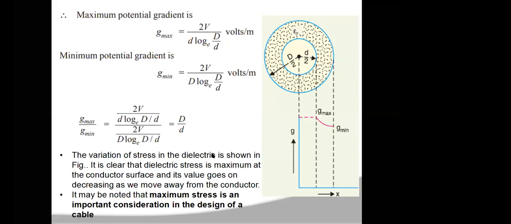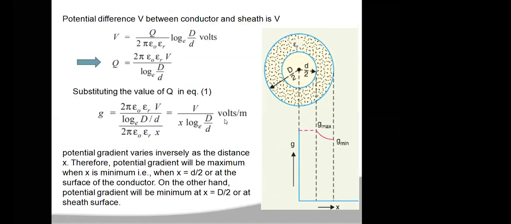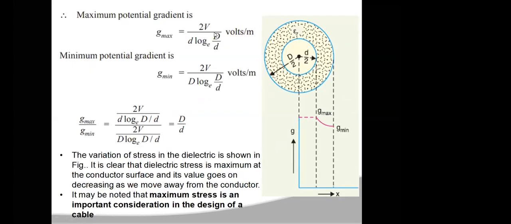So this is about the electrostatic stress, or dielectric stress, or potential gradient. By using these expressions, you can calculate the potential gradient or dielectric stress in the cable. This is the actual value for calculation, and the minimum and maximum values are calculated using these two expressions.